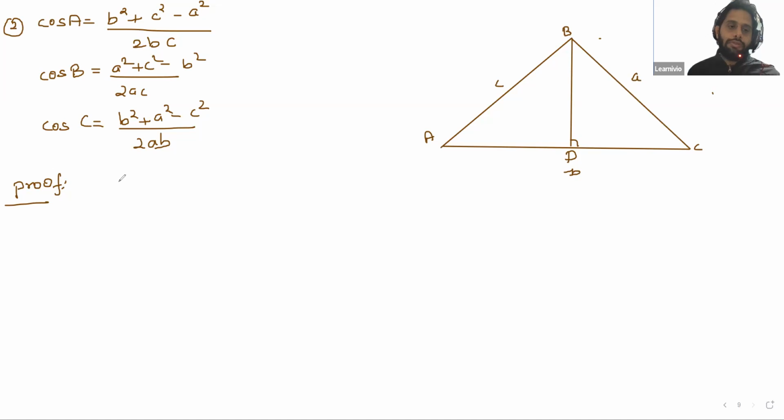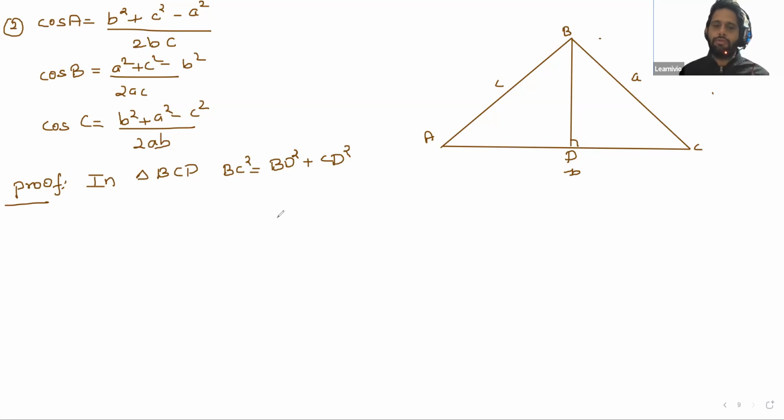Okay, now in triangle BCD, you can say BC square is equal to BD square plus CD square.